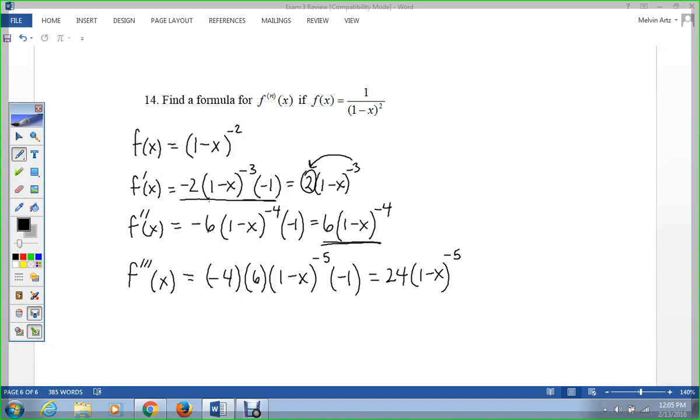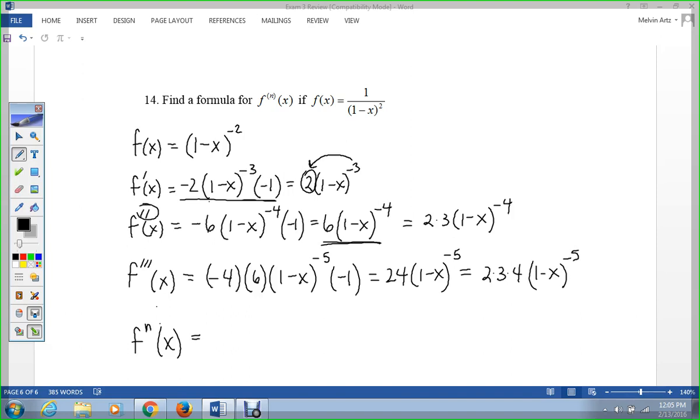Now I think we can look at our pattern here and develop a derivative for f to the n. So this one I said was 2 times 3 times our 1 minus x to the negative 4. This one here would be our 2 times 3 times 4 times 1 minus x to the negative 5. And so we're going to look at the derivative.